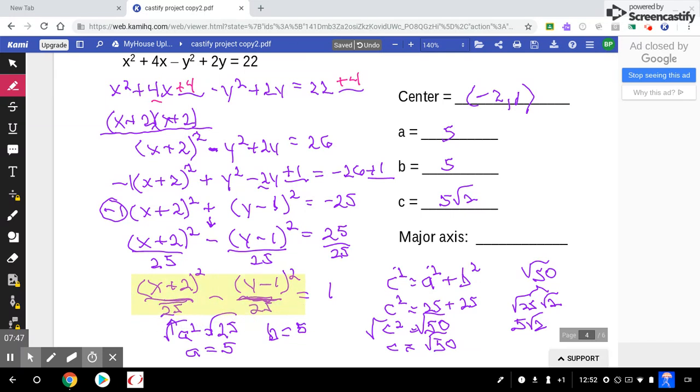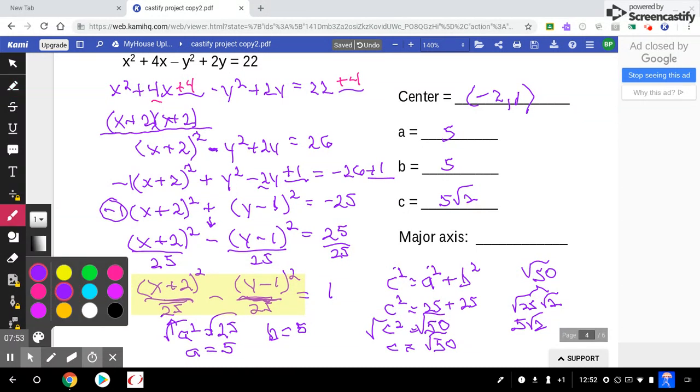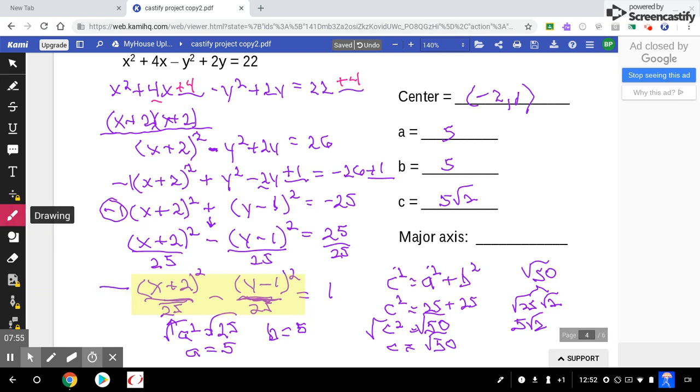And basically all you have to do is ask yourself this question: which letter comes first? And since the X comes first, it's going to be horizontal. So I'll do a little abbreviation here, HZ for horizontal. So you know when you're done drawing this guy, he's going to look a little something like that. He's going to move horizontally.